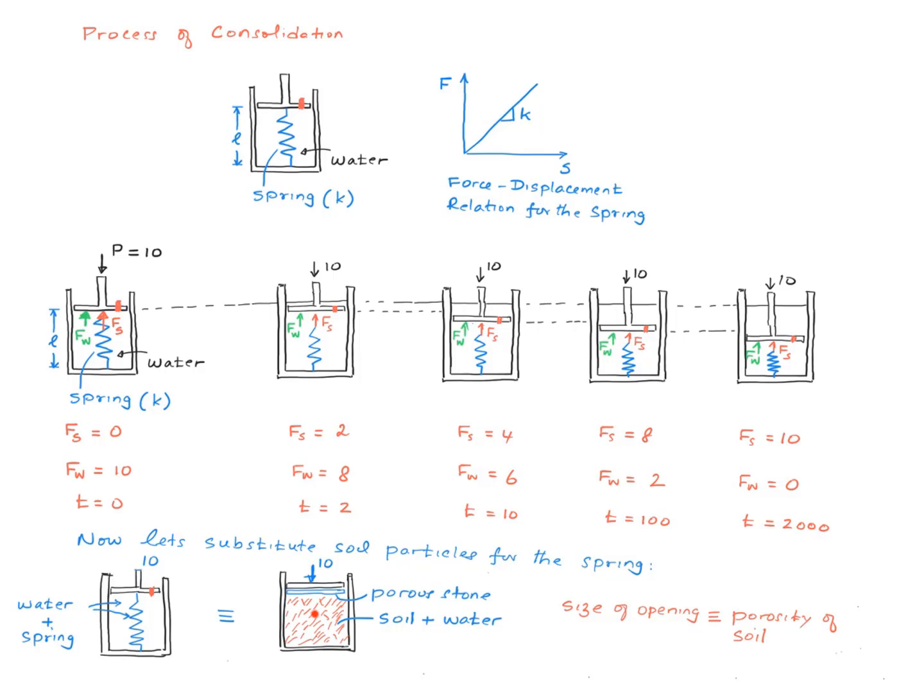As they do, the force carried by the water decreases. So eventually, after a sufficiently long time, the solid particles carry all of the load, water carries zero load. And here the load carried by water compares with the pore water pressure, and the load carried by solid particles compares with the effective stress, the effective intergranular stress.